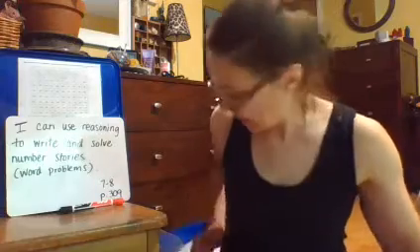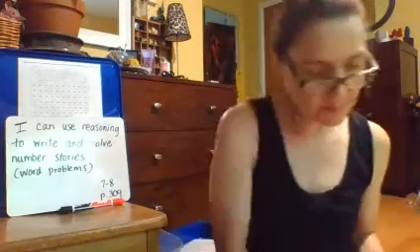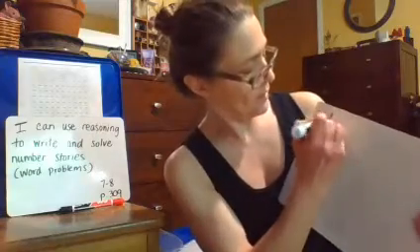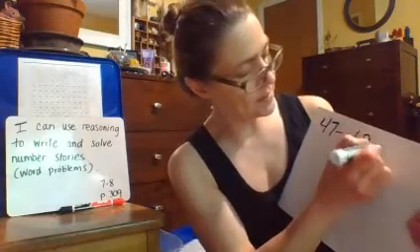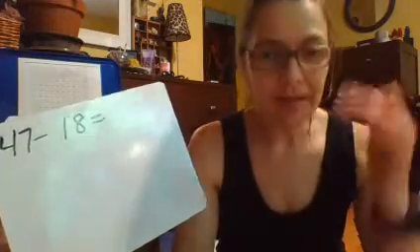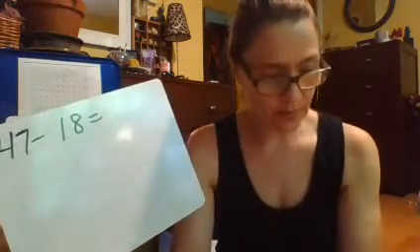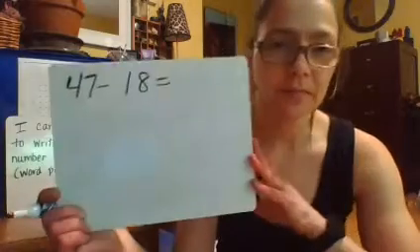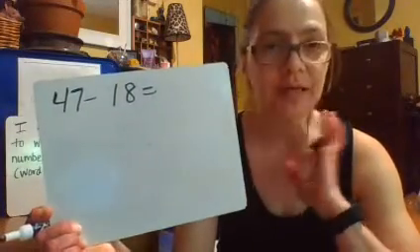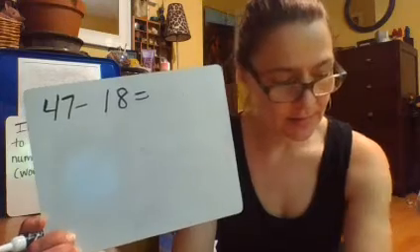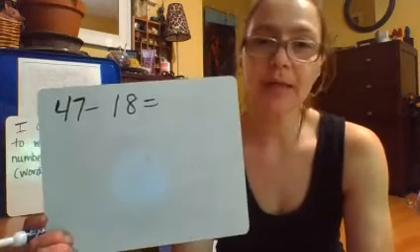And in this case, you can use your blocks. So we have 47 minus 18. 47 minus 18, that is the equation. Blake collects 47 cans. He recycles 18 cans. How many cans does Blake have now?